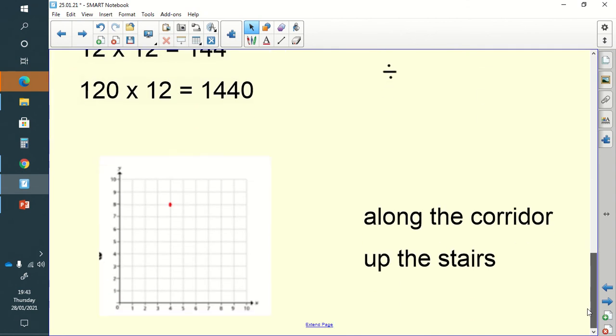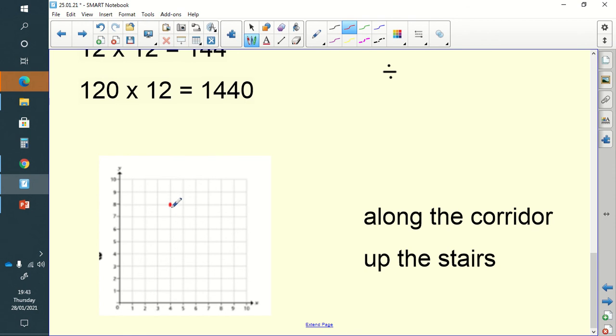So we want to know what are the coordinates of the red point. Now when we read coordinates, there's a little saying that can help us. Along the corridor, up the stairs. So we always go along the x-axis first and then up the stairs or up the y-axis.